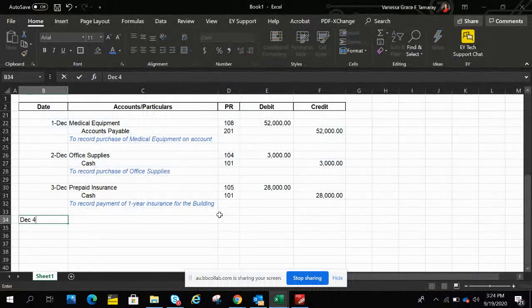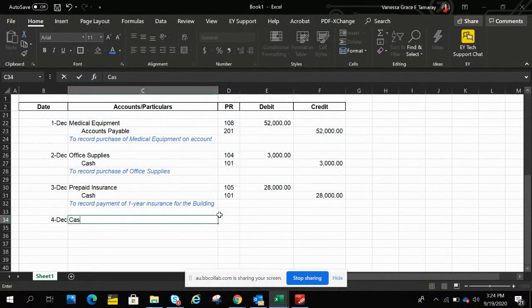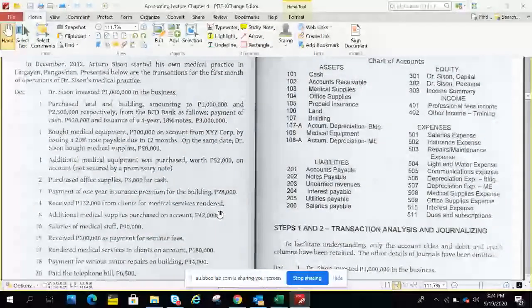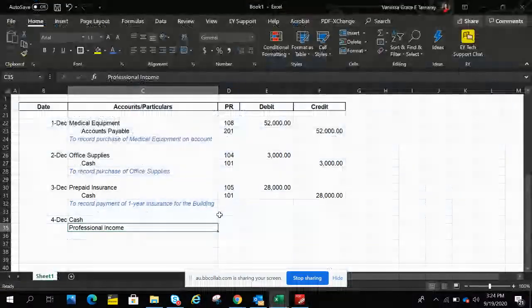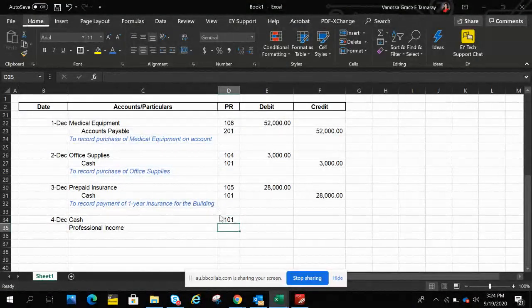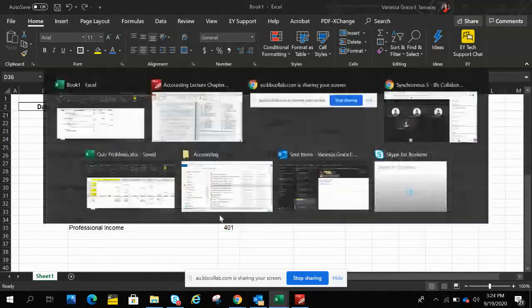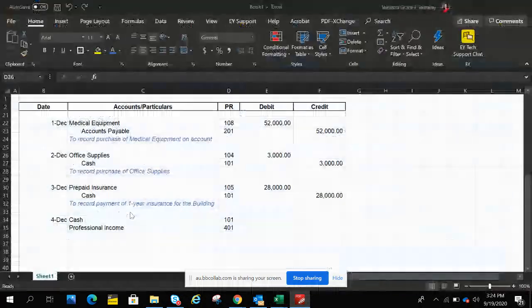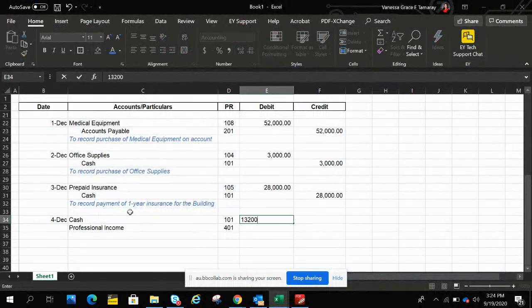Okay, December 4. Debit cash, credit professional income. 101, 401. Then, magkano? 132,000 pesos.